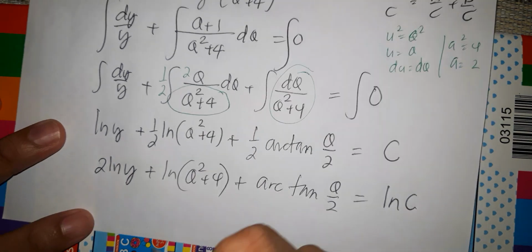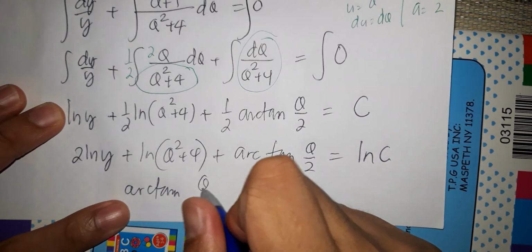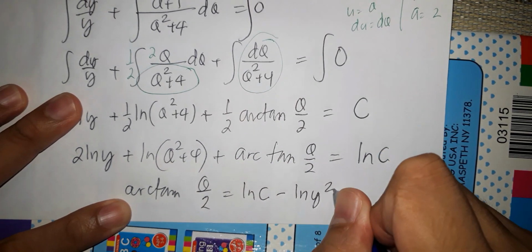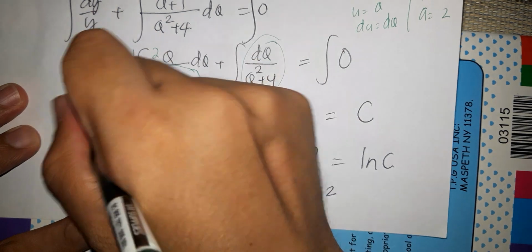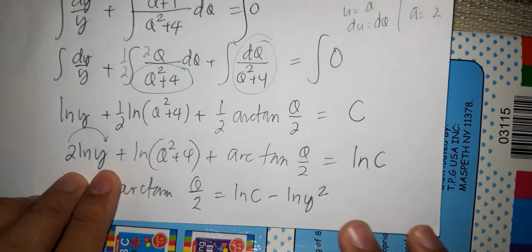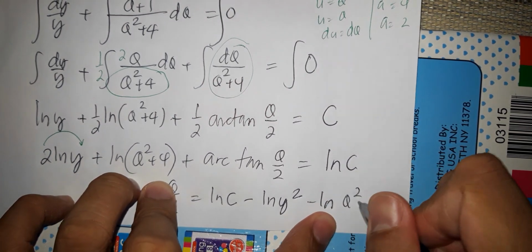So this gives you arctangent q over 2 is equal to ln c minus ln y squared minus ln of q squared plus 4.